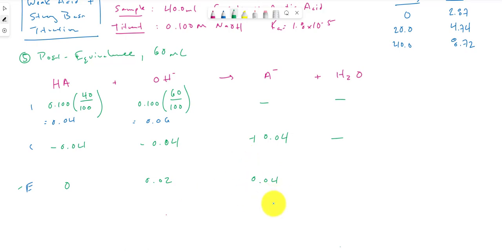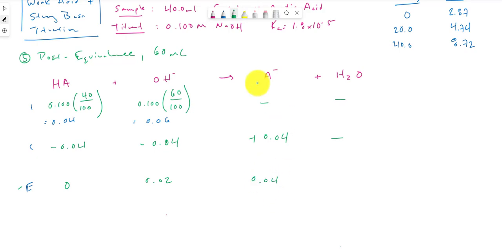And so you could think about this a couple of different ways, and I'm not going to write out all of that because it's going to take me a long time, but you can prove it to yourself that if I were just to take A minus, some amount of A minus is going to react again with water to make hydroxide as a weak base, and that's going to make some contribution to the pH of the solution.